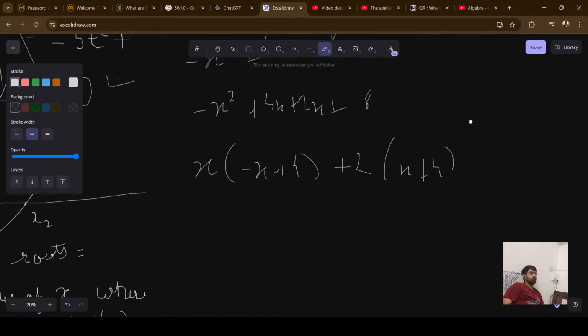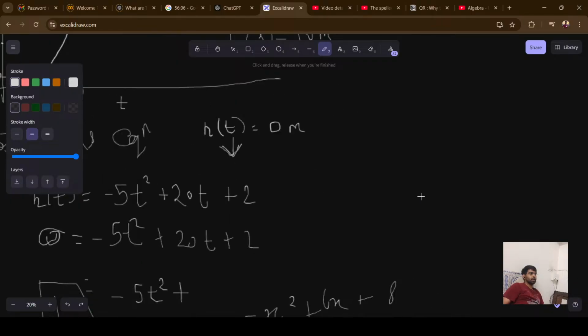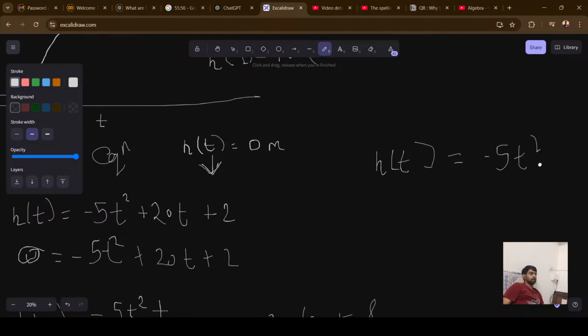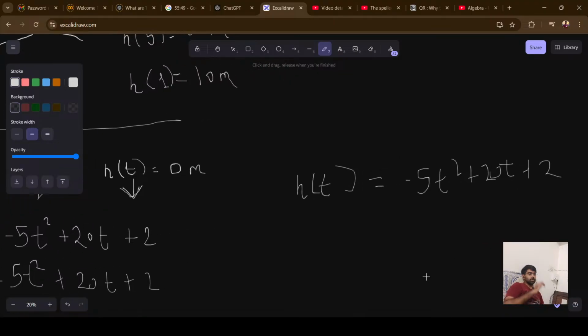Similarly, for this logic, let's say the one which was our h of t, right? Height of t equals to minus pi t square plus 20t plus 2.